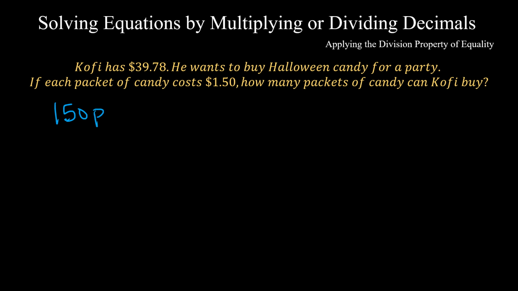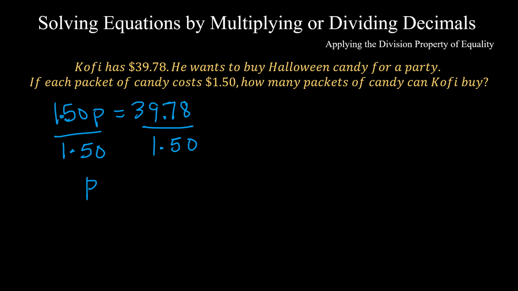And we need to find P, we need to isolate P. So of course we have to divide both sides by 1.5 using the division property of equality. Okay, so now we have P because you're going to get 1 over here. So this is 1P, which is the same thing as P.